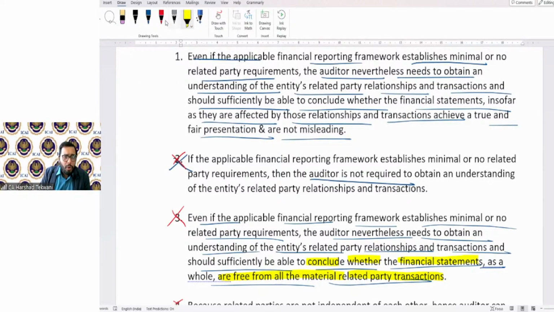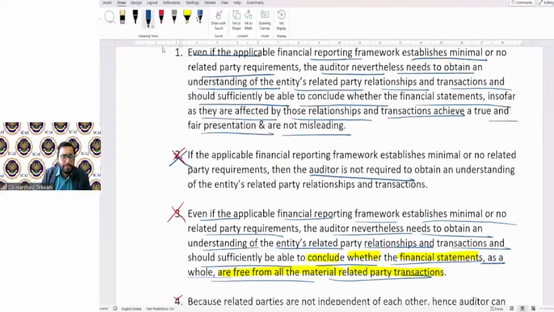And hence, only 1 is correct. Clear? Any doubt?